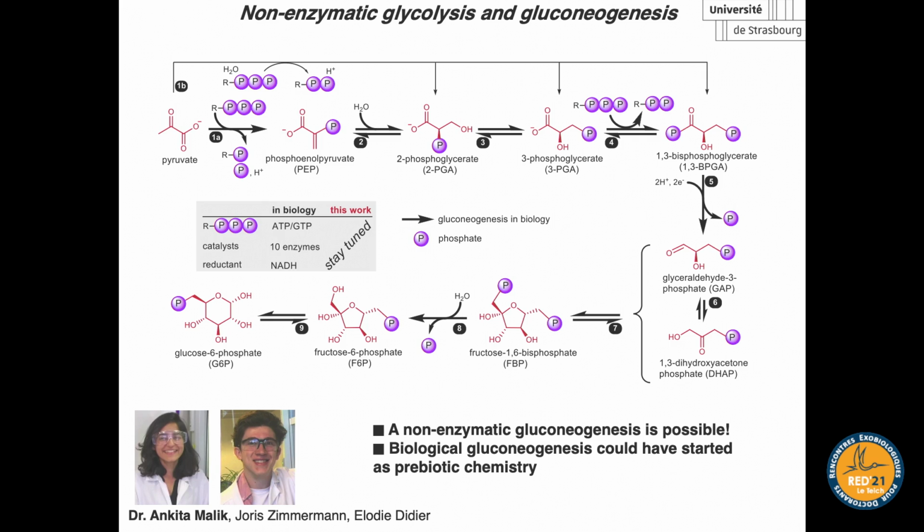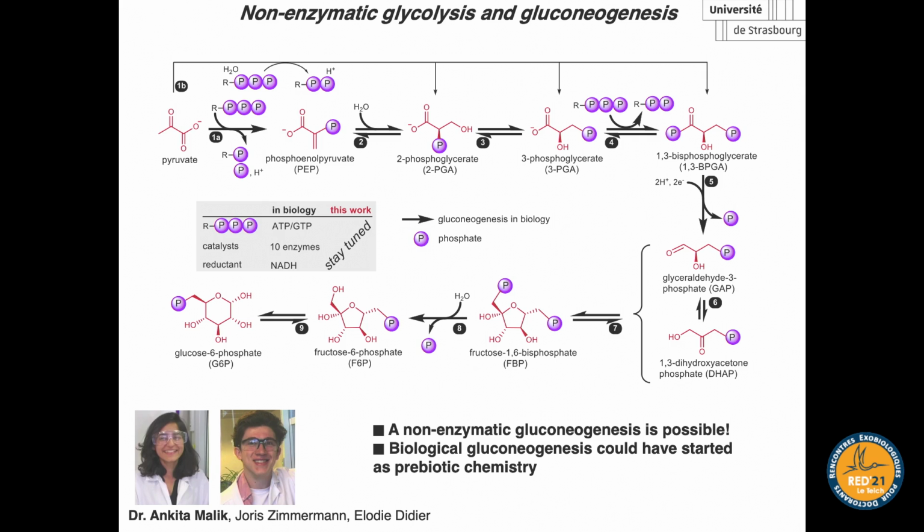But the truth is that life uses neither of these two reactions. Life uses a pathway called gluconeogenesis to build up sugar molecules. And most of the intermediates in the gluconeogenesis pathway are phosphorylated, so they contain phosphate groups. This pathway starts from pyruvate, and after phosphorylation you obtain a molecule called PEP, phosphoenol pyruvate.